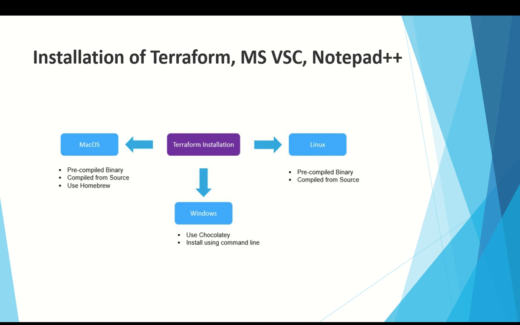Then it will take care of installing and even adding the variable key to the environment variables. Everything it will take care of. Pretty simple, but for production I don't recommend it. For non-prod you can use Chocolatey to install Terraform or Visual Studio Code or even Notepad++. One simple command will take care of everything.